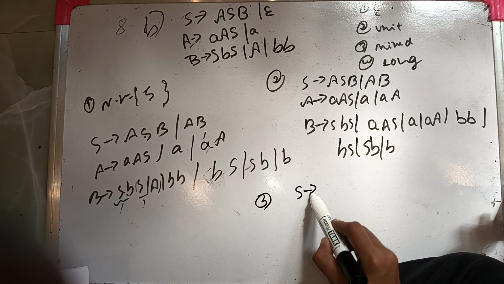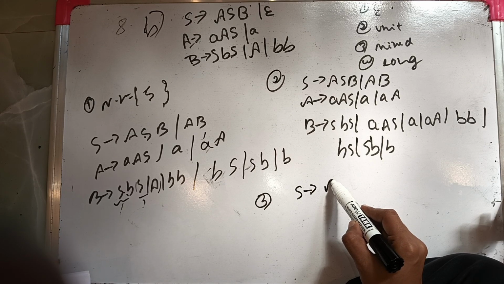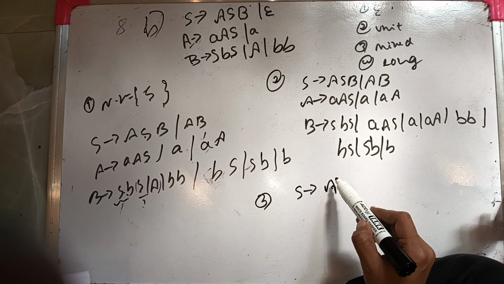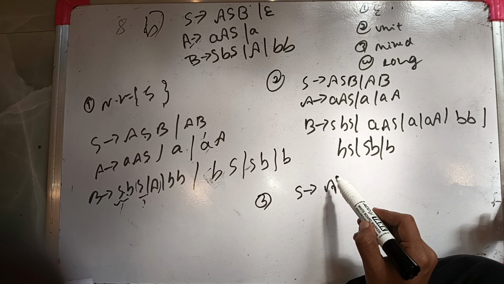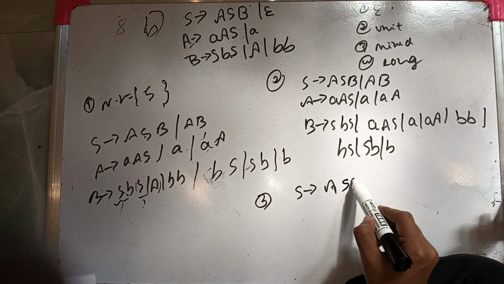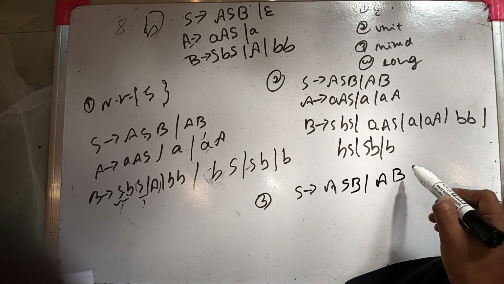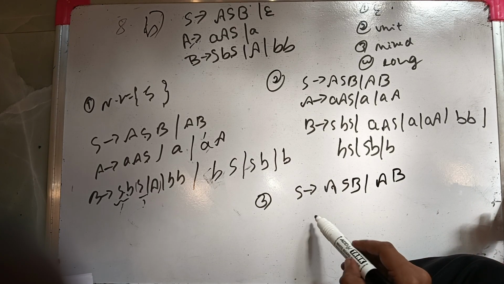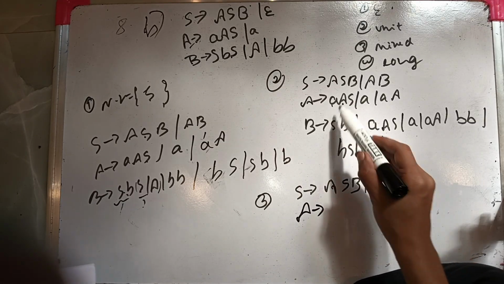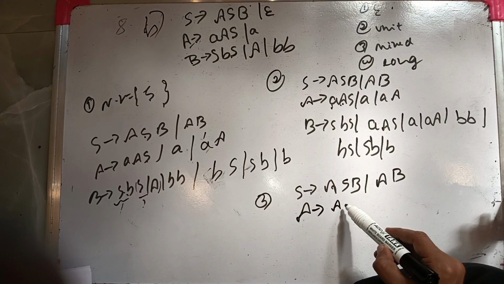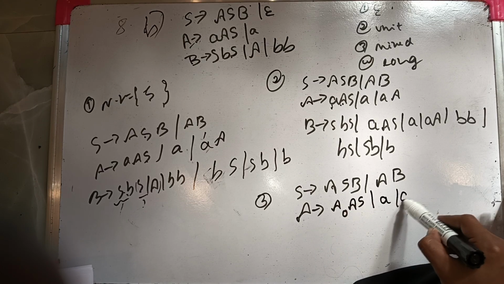Okay. In the third step, remove mixed production. S gives ASB, and here it gives AB. No mixed production is there, and here small letter a is followed by the, so A, AS, AA.